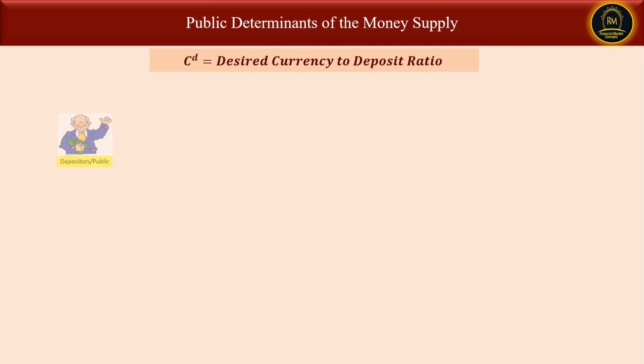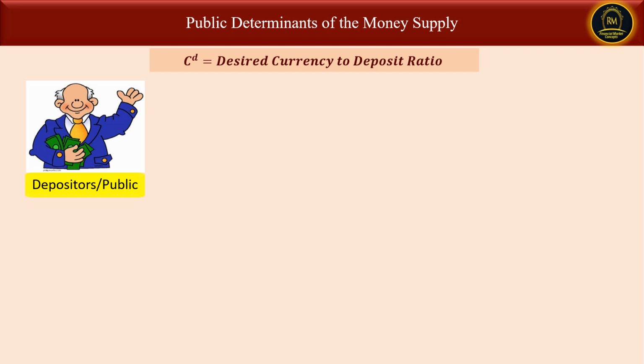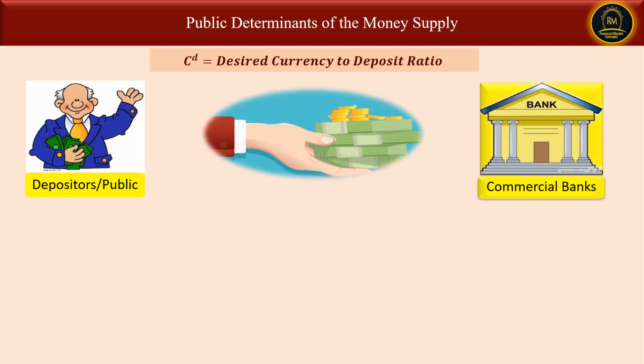Let us understand the public determinants of money supply. That depends upon the desired currency to deposit ratio, which means the desire of the public to hold currency in hand and lend deposits to the bank.